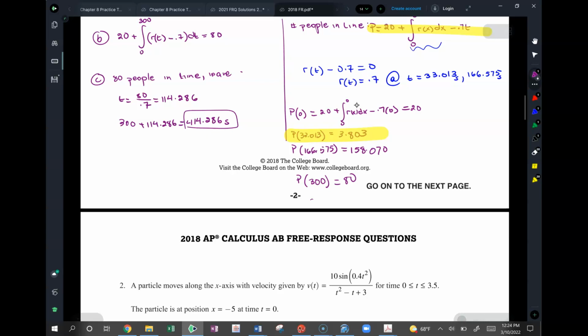So nearest whole number is there are 4 people in line. Okay, so minimum 4 people in line at t equals 32.013 seconds.